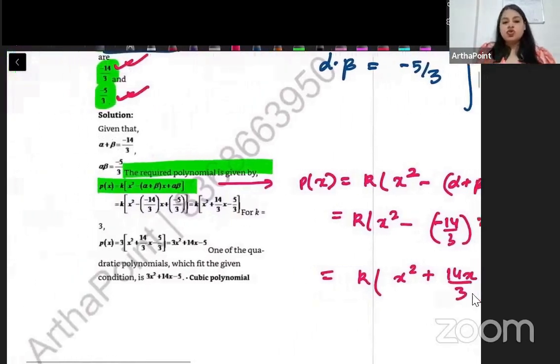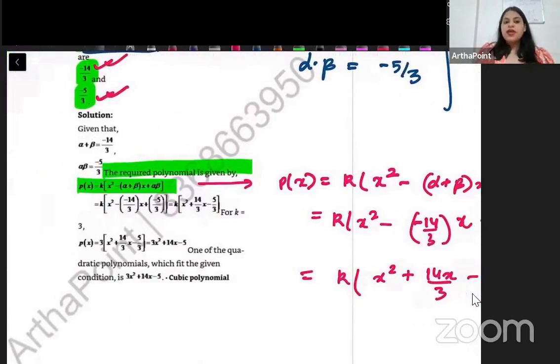But in order to solve this equation, I don't want anything in the denominator. So to remove the denominator, we usually keep the value of k as that value such that the denominator cancels out.